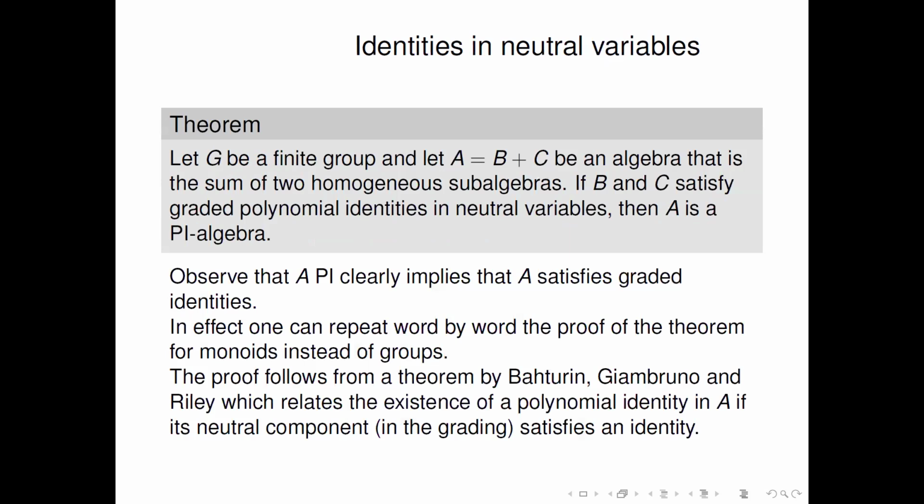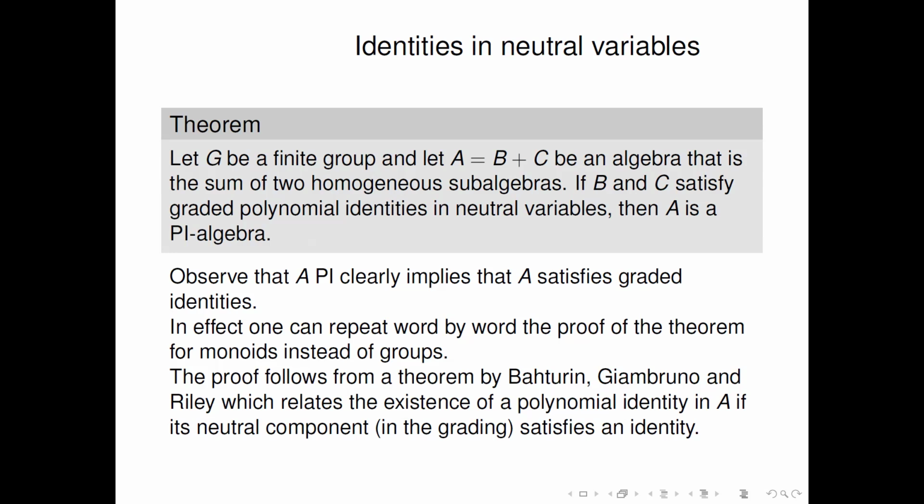I'll start with some immediate facts. Take G a finite group. A is an algebra that is the sum of its homogeneous subalgebras B and C. Suppose B and C satisfy some graded polynomial identity in neutral variables, that is, only neutral variables. Then A is also a PI algebra, not only graded but PI, and then A will satisfy graded identities as well.